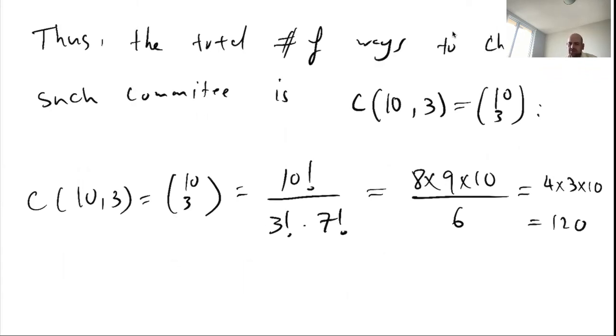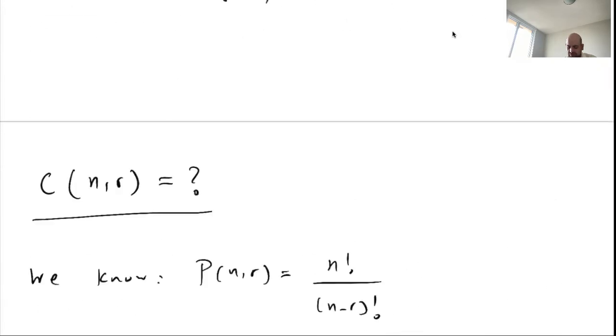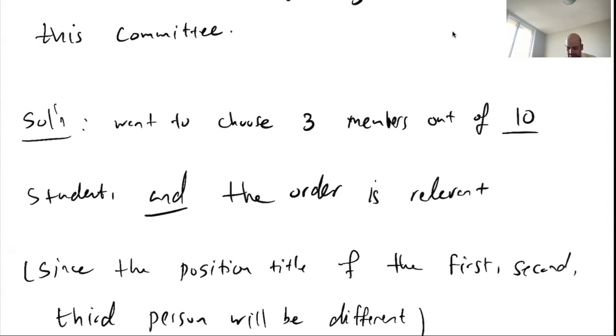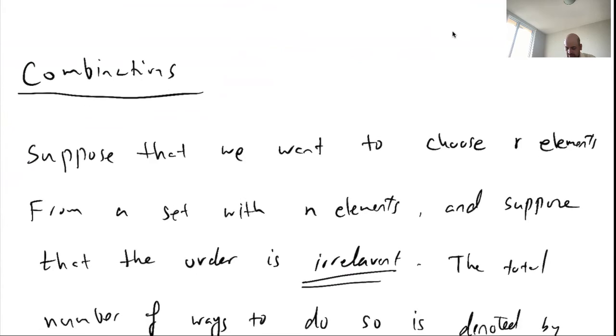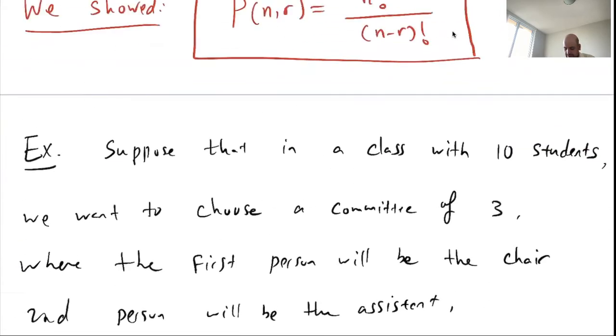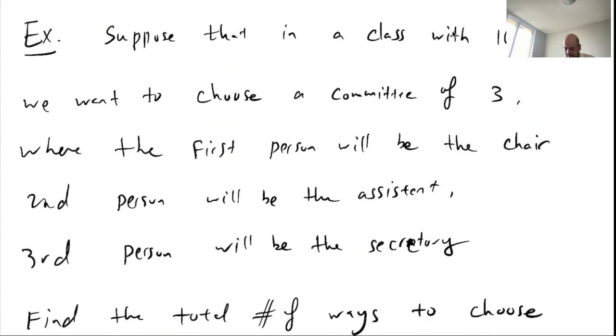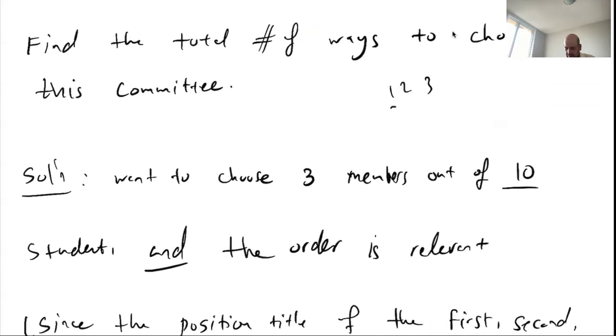And this is natural because every 6 elements in the previous example are counted as 1 now, right? Previously we said, if you choose student 1, 2, 3, and student 3, 2, 1, 3, 1, 2, all these will be different.